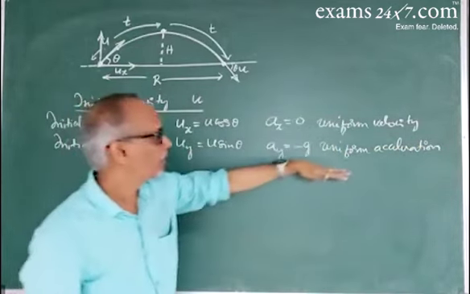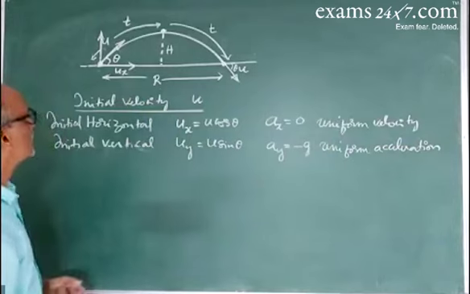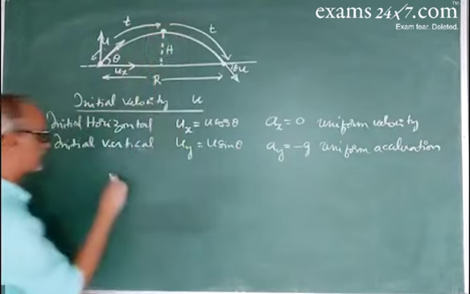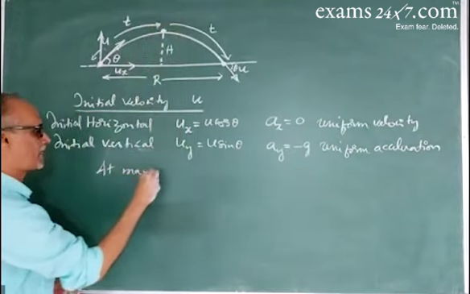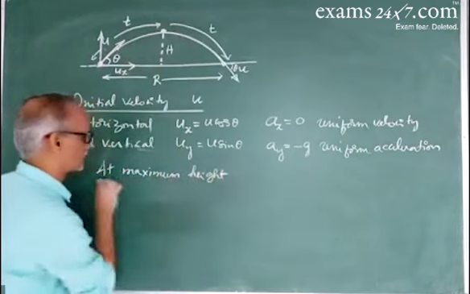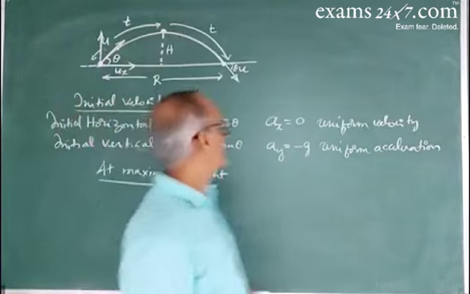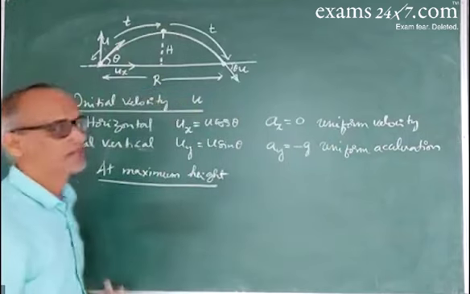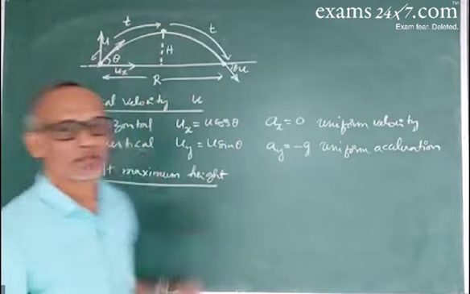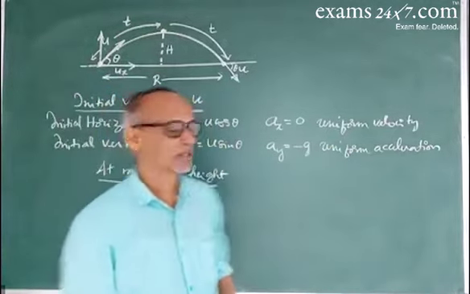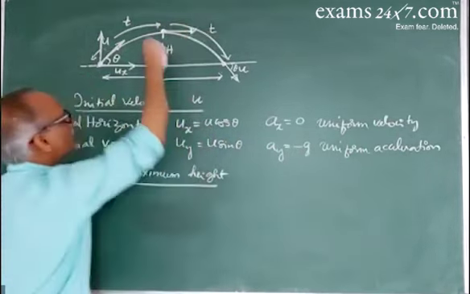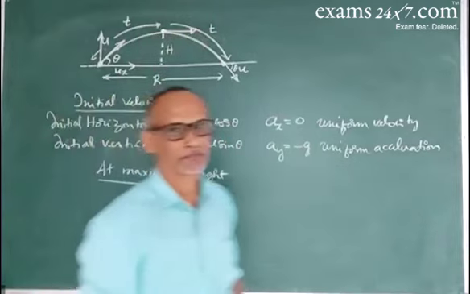Now when the projectile reaches the maximum height, what is the velocity of the projectile? Is it 0? No, because if it is 0, the projectile falls back to the ground. It is not equal to 0. It is along the horizontal, so there will be only a horizontal component.